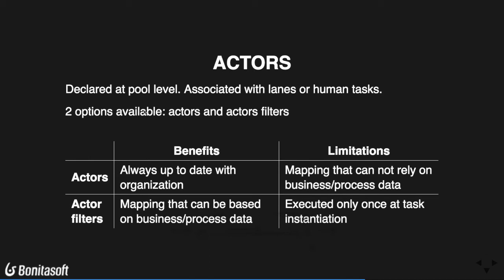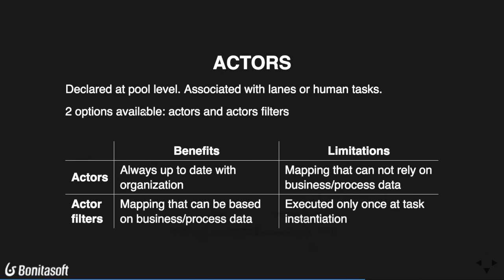You declare him as part of this group, and you want him to be able to directly start working on the task. Using this approach, he will be able to do it because the mapping will be automatically taken into account by the existing task. That's the first approach. The second approach is the actor filters.